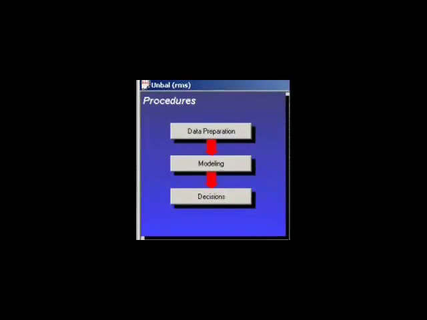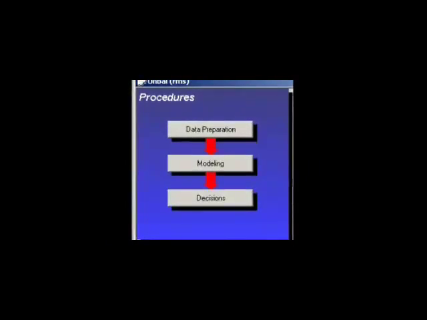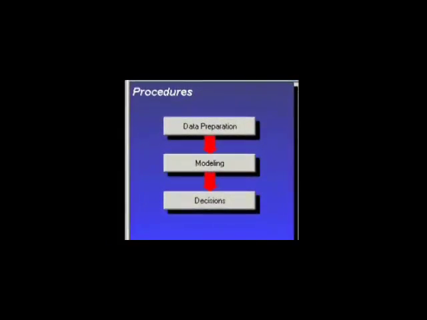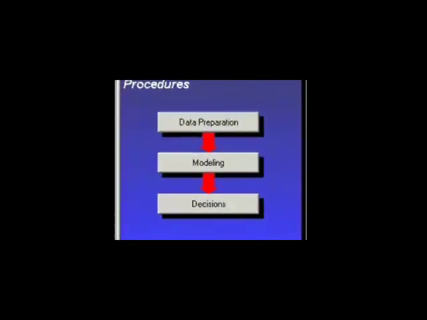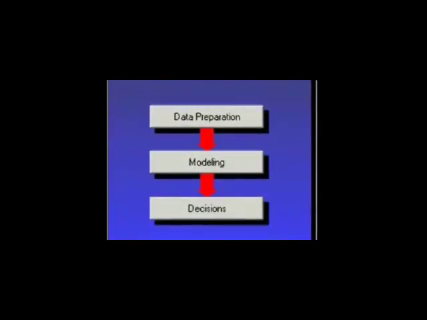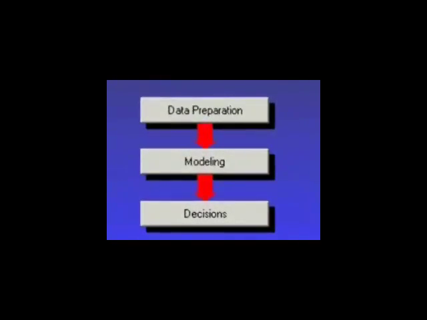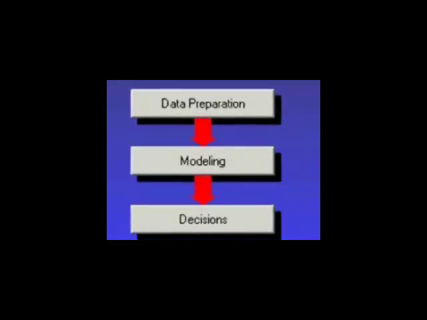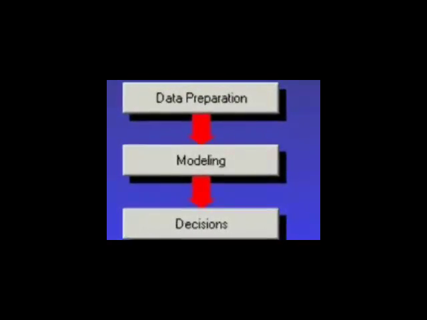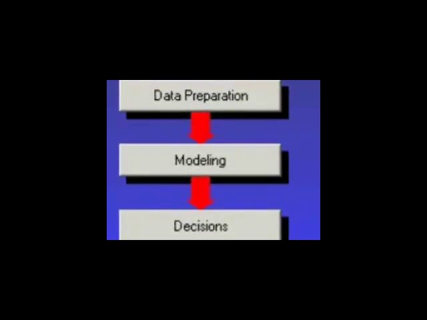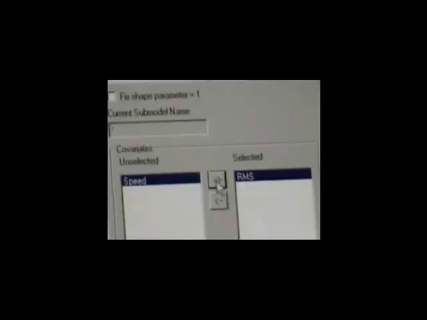There are 3 sets of procedures in the EXACT modeling program that allow us to construct, test, and export an optimal CBM decision model. We select those monitored variables that are likely to influence the probability of failure.